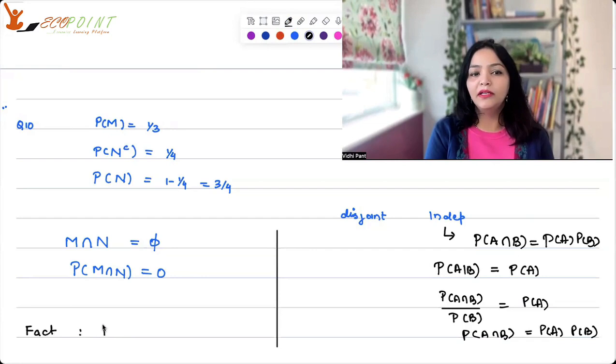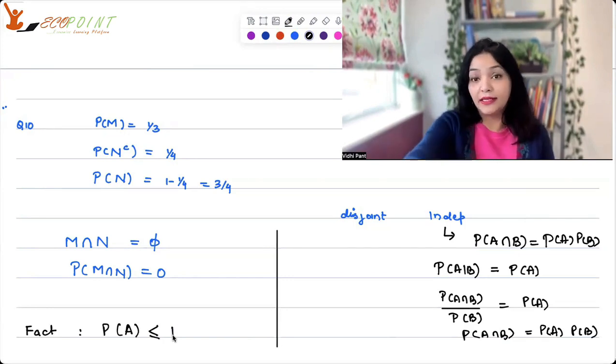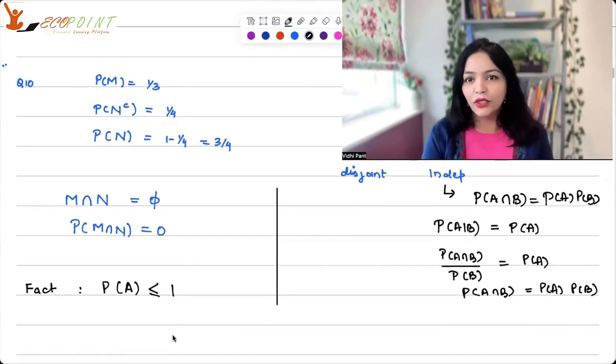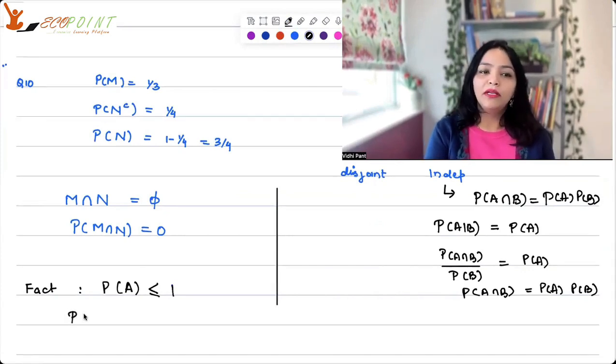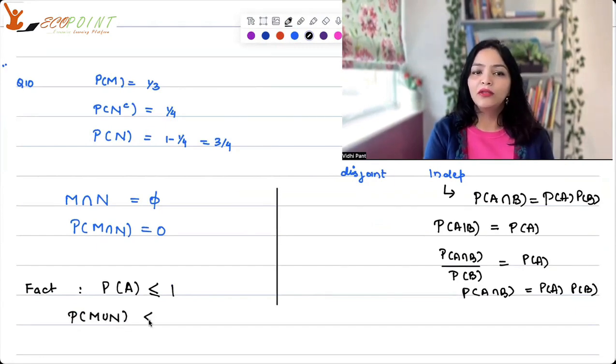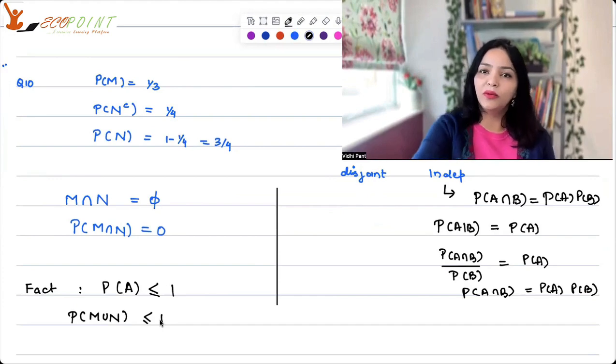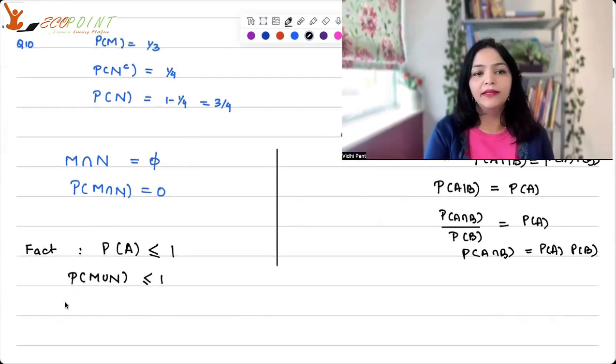that the probability of any event is always greater than or equal to 0 and less than or equal to 1. Probabilities cannot be more than 1, right? So the probability of the union of these two, M and N, also needs to be less than or equal to 1. It cannot be more than 1, right?